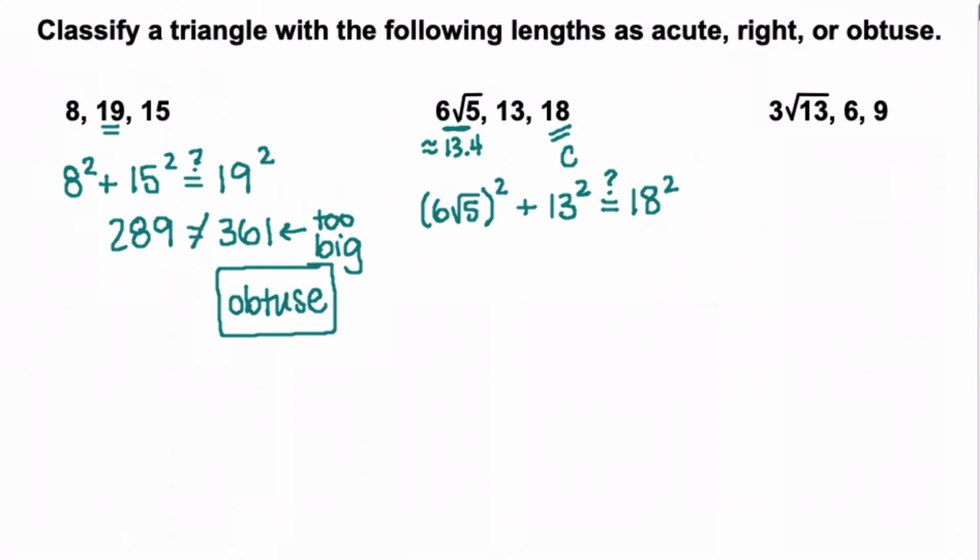How do we square a 6 root 5? We square each of the parts. So 6 squared is 36, and the square root of 5 squared is 5. 36 times 5 is 180. 180 plus 169 is 349.